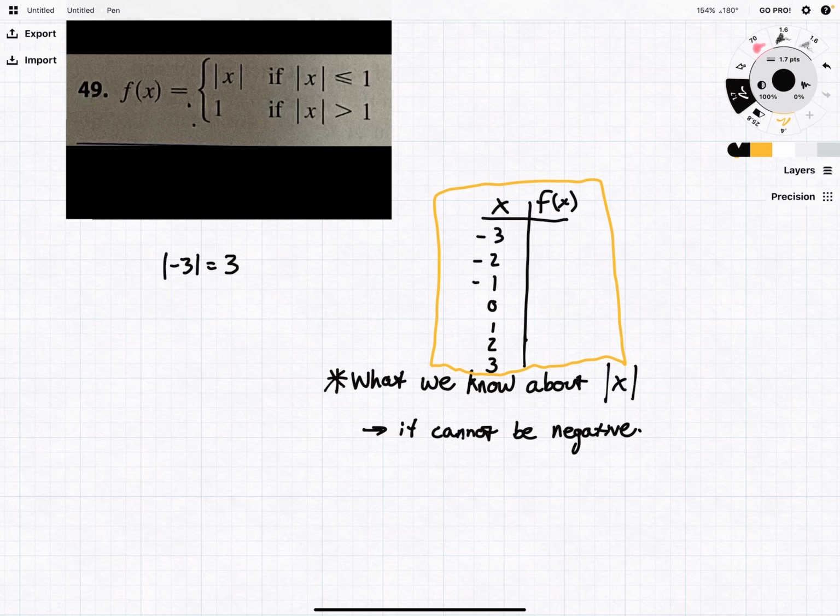We see that it's greater than 1, so f of x is going to be equal to 1. Same thing with -2. Absolute value of -2 is 2, which is greater than 1. Our rule states that if the absolute value is greater than 1, our answer is going to be 1, and that's it.